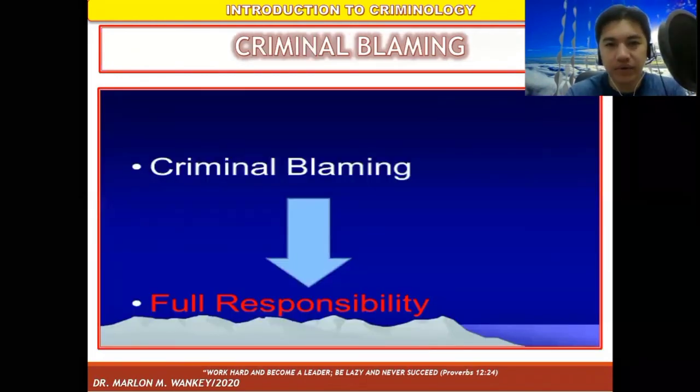While in criminal blaming, the responsibility is solely from the criminal. No one to be blamed, not the victim, not anyone else, but the criminal, the person who committed the crime. Okay, so thus, he must be put into justice.